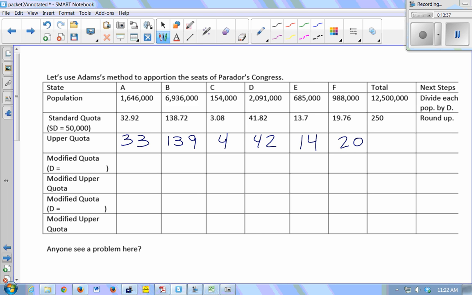And when they add those up, what do I get? 252, which is too big, right? So how should I adjust my divisor? If my quotas are too big, what should I do with my divisor? Make it bigger. Yep. Because then if you divide by a bigger number, your quotas will all be a little bit smaller. Okay, so I need to make D bigger.